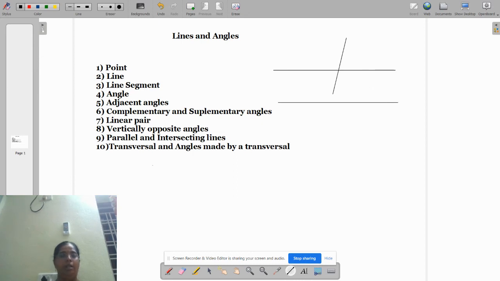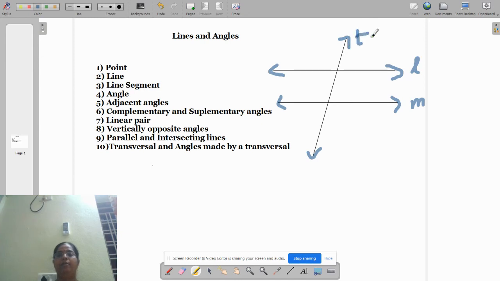A line which intersects different lines at different points, then that is called as transversal. So now L and M are two lines and T is a transversal which is intersecting at two points. Now we will see what are the angles made by a transversal.